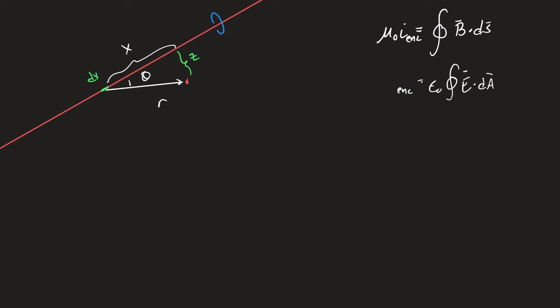So to appreciate that, I'm going to draw this a little different. Current coming out of the board towards you, with the loop I'm choosing to use is a loop that is concentric with the line of current.